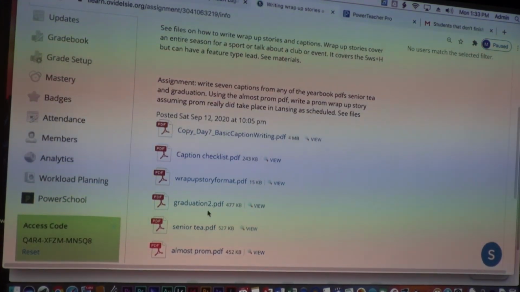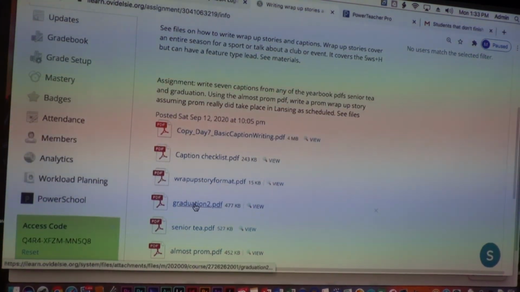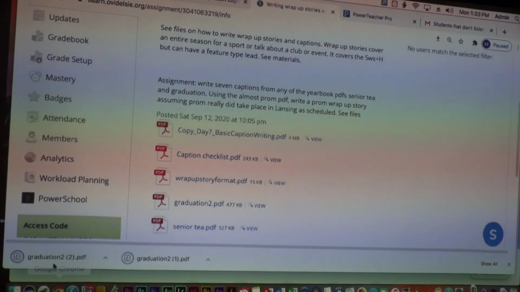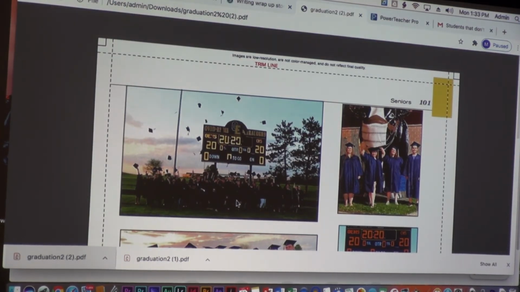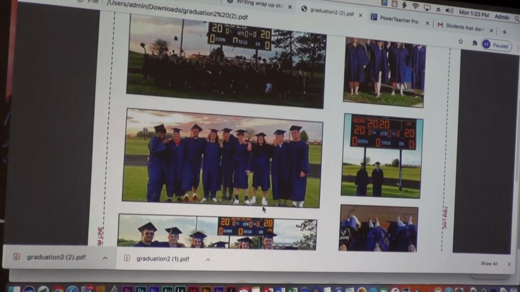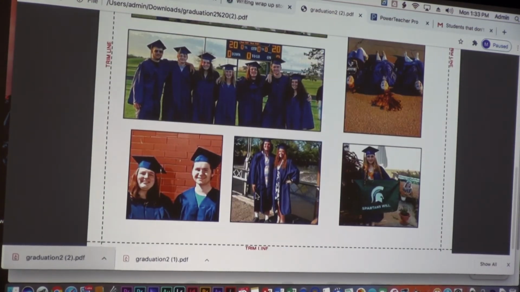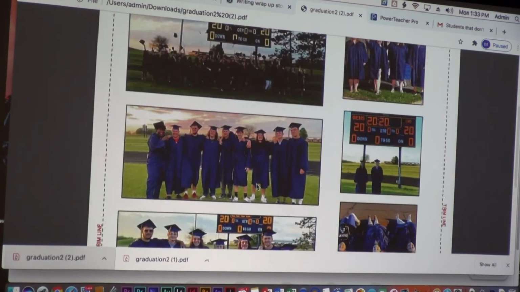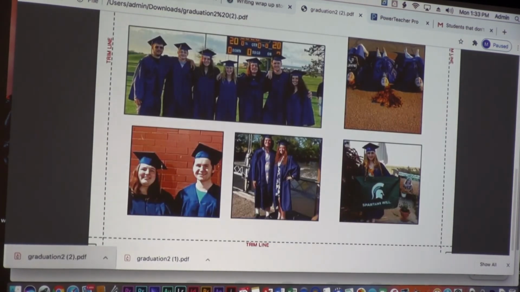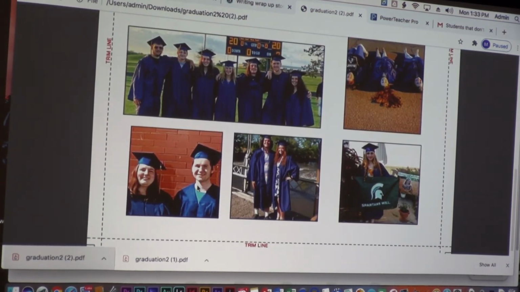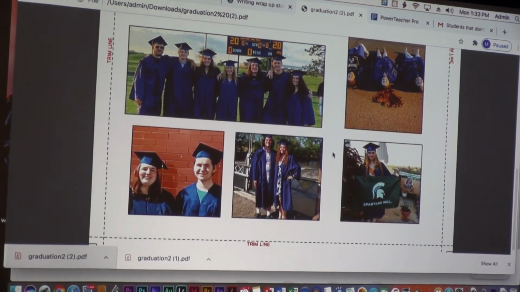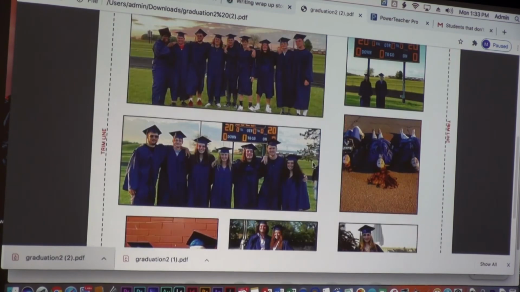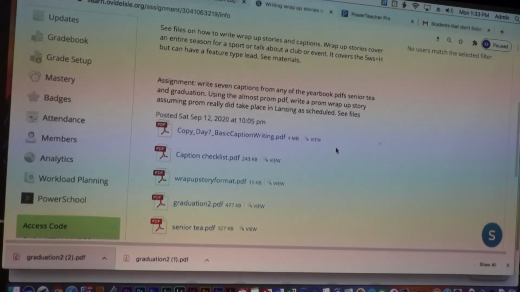So if you click on graduation number 2, this is an actual graduation page from the yearbook. Let's say you're looking through the pictures and there are like 2 captions you want to write on this page. And so you're going to talk about Joe Cooper and Nadia. So you write a caption about them. Or you write a caption about this one. You only do 2 there.